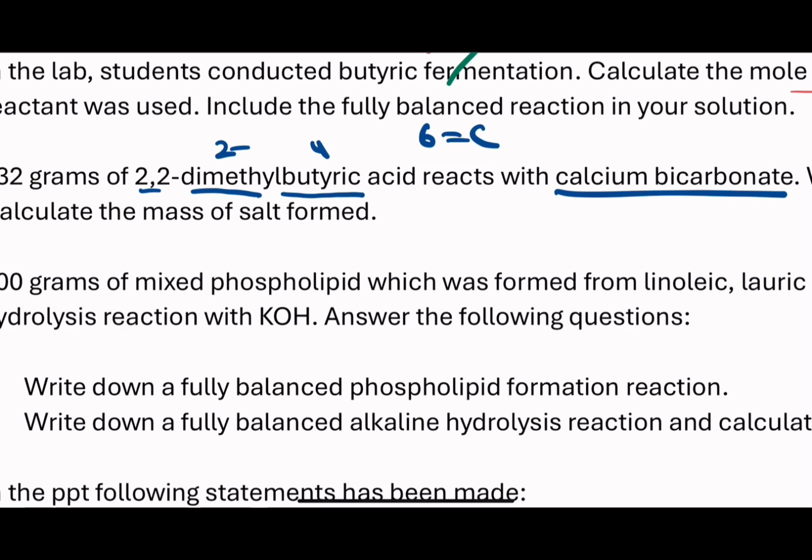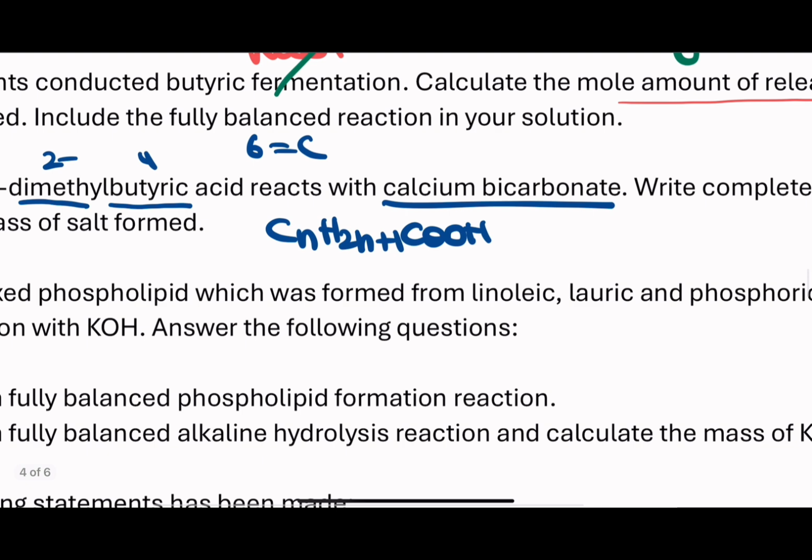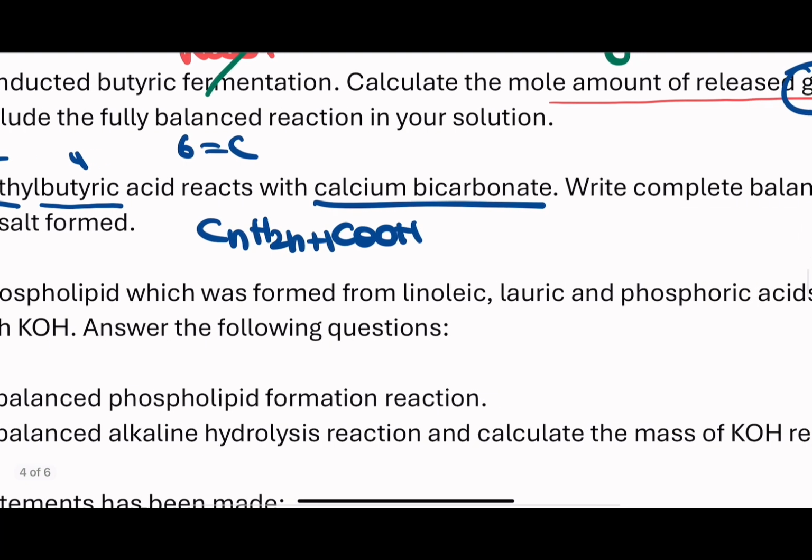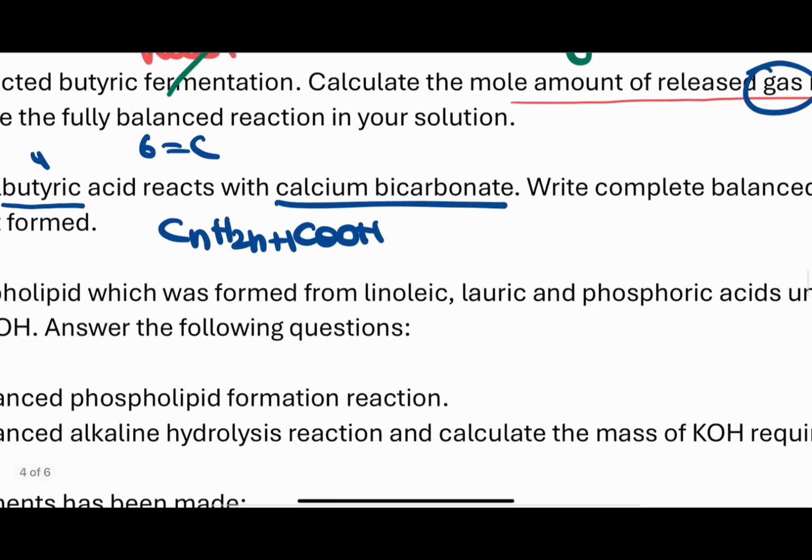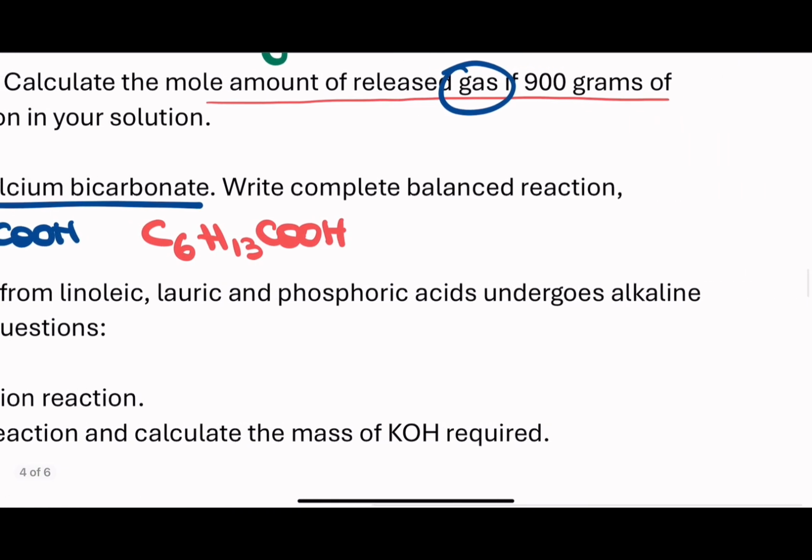The formula of a carboxylic acid is CnH2n+1COOH. If you have 6 carbons, here it is 6, H would be 13, and this would be COOH. That's the 2,2-dimethyl butyric acid.